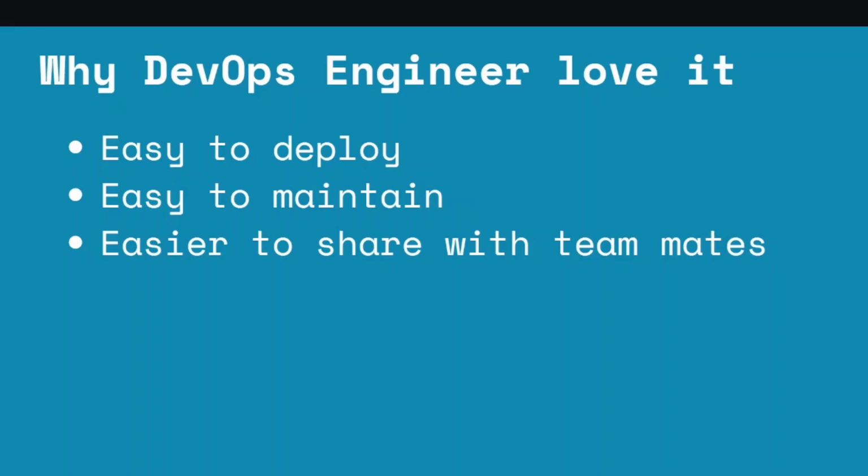So now that you know how to use Docker Compose to start your application and also to stop your application, let's look at why DevOps engineers love Docker Compose. Docker Compose makes applications easier to deploy using just one command. It also makes applications easier to maintain and easier to share with teammates.